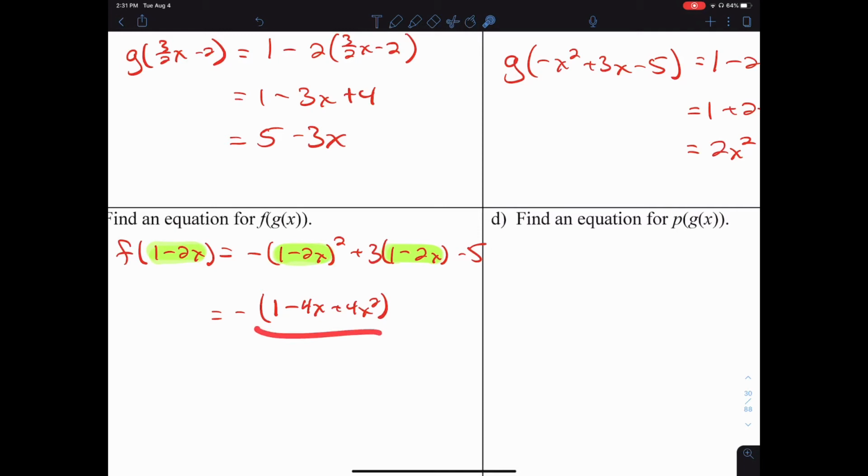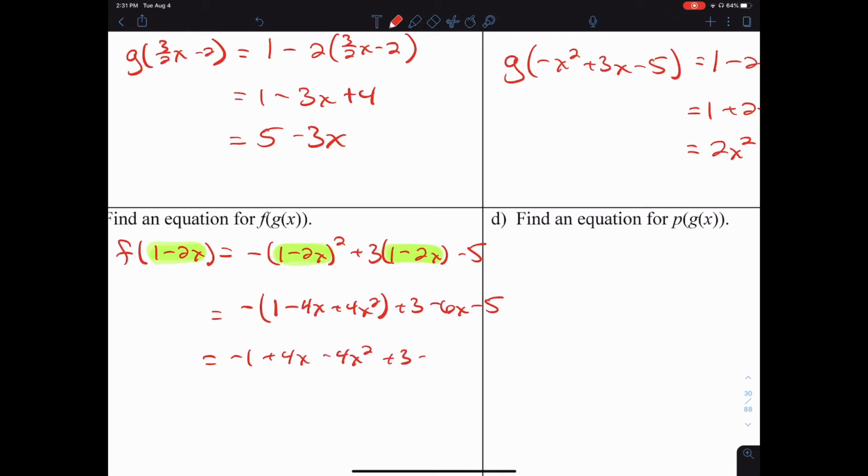It's in parentheses because I have this negative out here, which I have not used yet. If we then distribute the 3, we're going to get plus 3 minus 6x, bring down the minus 5. If I now distribute this negative, I'm going to get negative 1 plus 4x minus 4x squared.